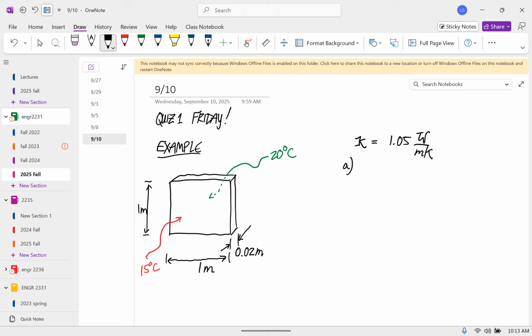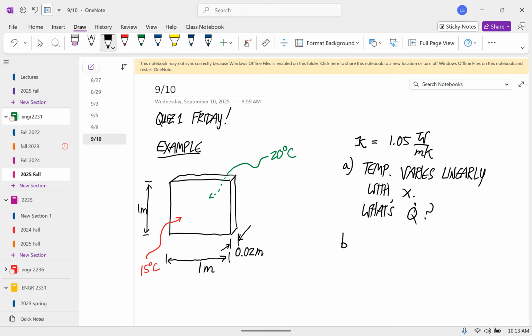And we're going to assume that the temperature varies linearly with x. Remember, x is parallel to the path of the energy transfer. So you could think of x as being the distance into the thickness of that panel. And we want to calculate Q dot.